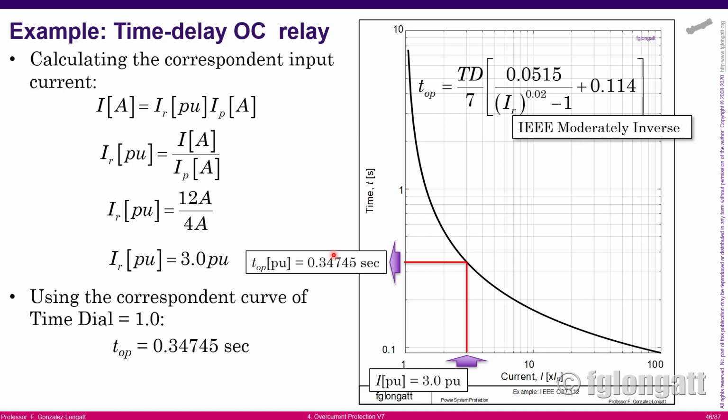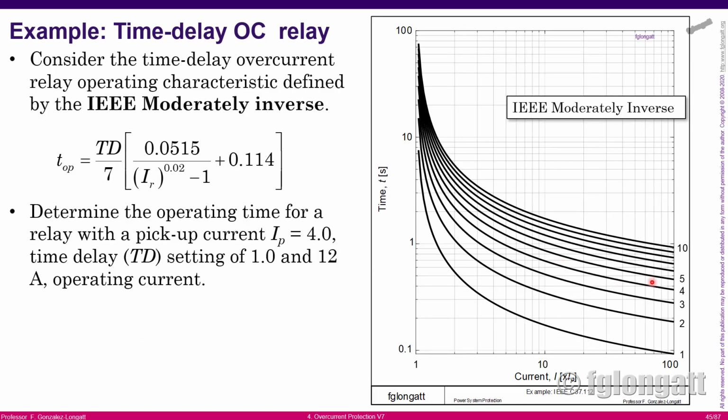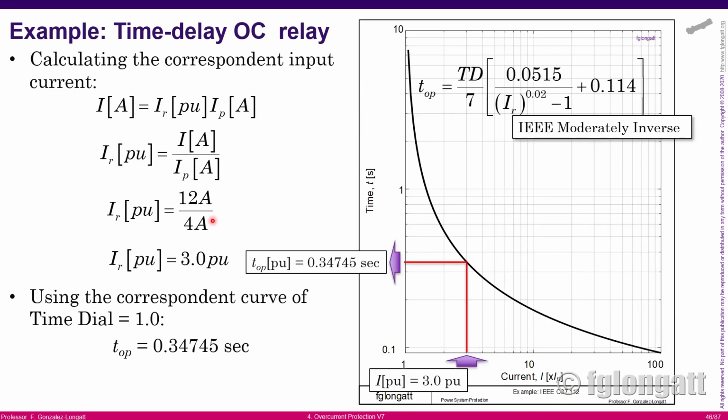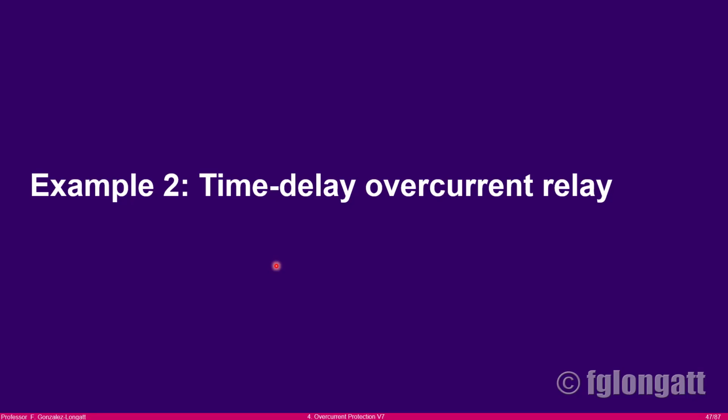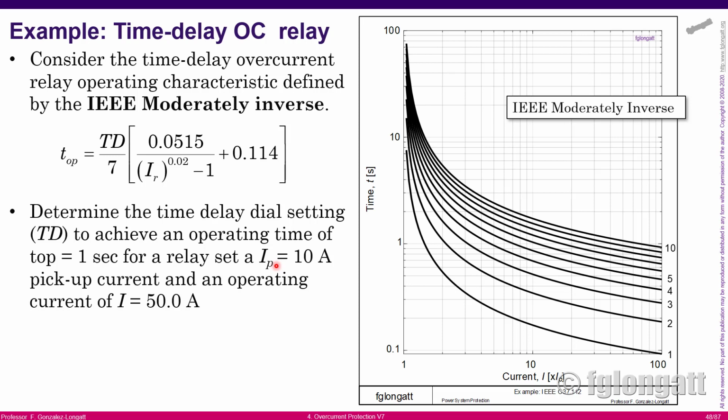Again, what you need to understand is that the time dial defines which curve inside the family you will be using. Then the pickup current defines the per unit current that you need to use, and the interception represents the operating time. Okay. Now let's do another example.